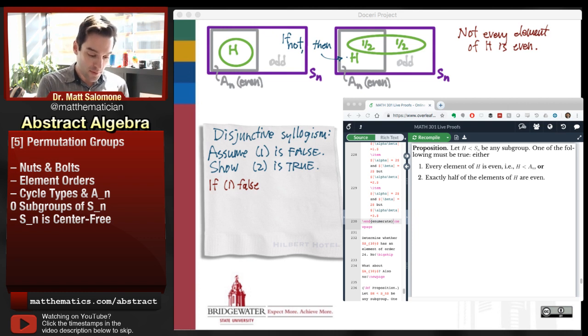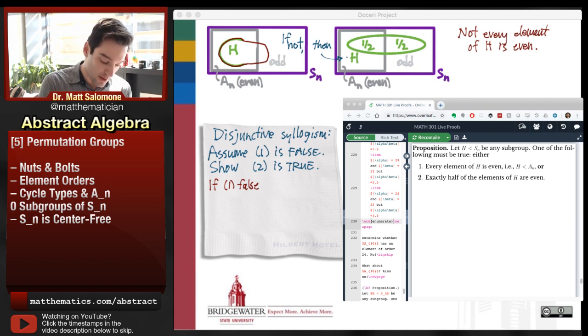And so what that does to my picture is it shows that there's a piece of H that escapes the alternating subgroup. So let's draw H like this in my assumption.